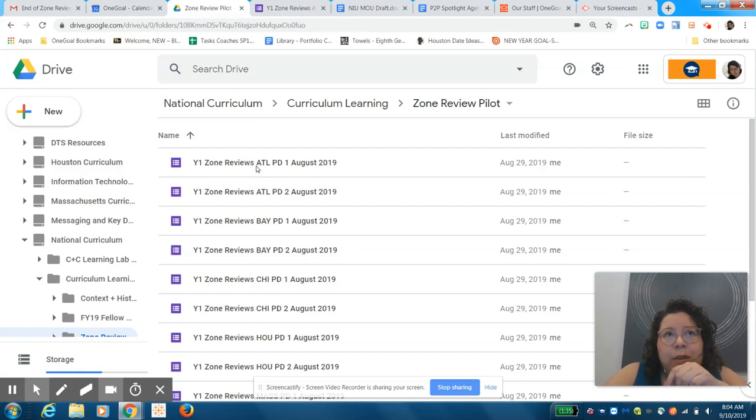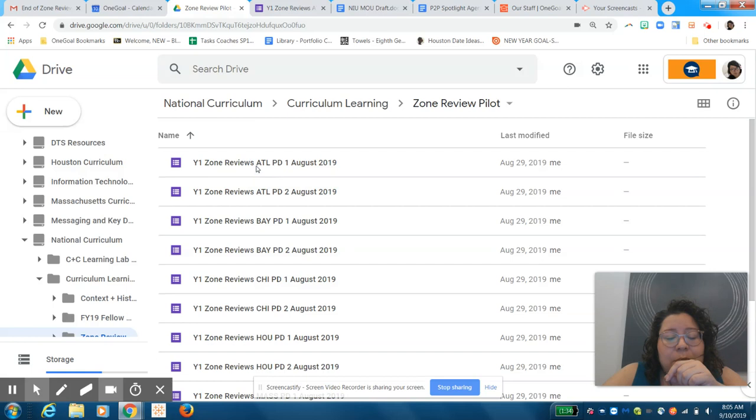Two, with trying to ensure that as many students take it as possible, because part of the pilot is to allow us to focus in on a particular or two particular cohorts per year and really support them in having as many students as possible complete the zone review. Having it be by PD or by cohort allows us to be able to say, like, hey, we have 16 completed zone reviews, but we know there's 24 of y'all. So we can prompt folks to complete it in that way.